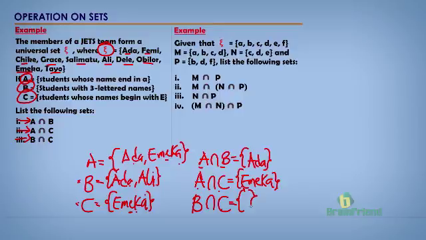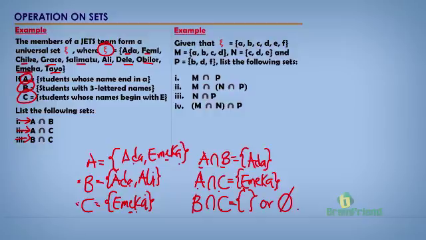Therefore, this gives us an empty set, which we write as open and close curly brackets that is empty, or simply 0 with a slash across it. So B intersection C is an empty set. And that's that for that.